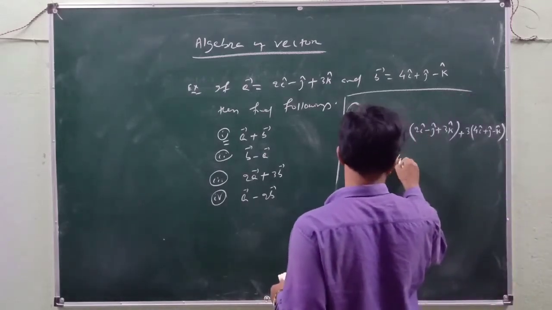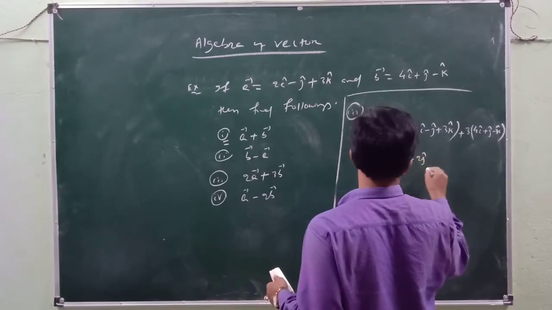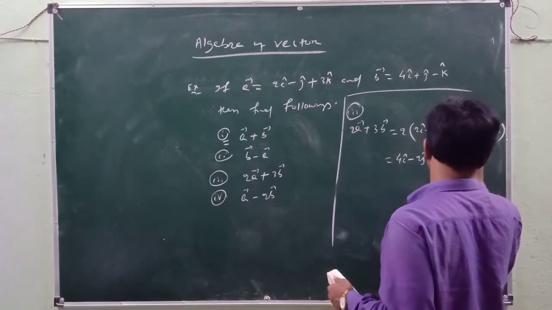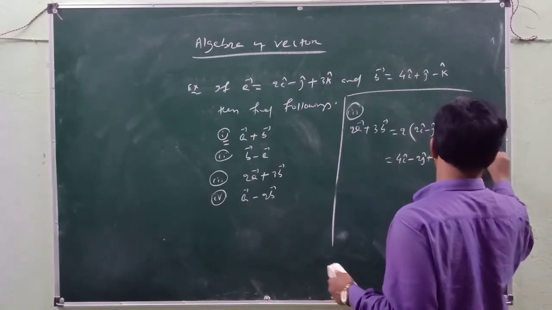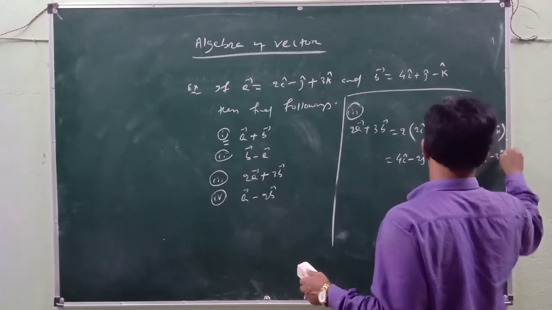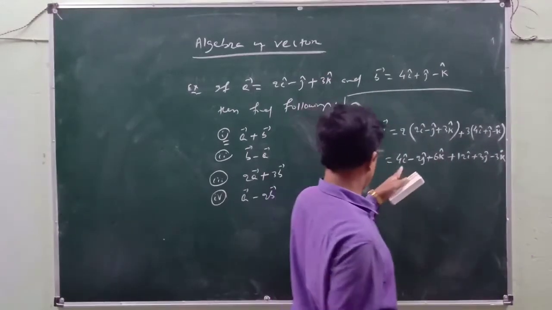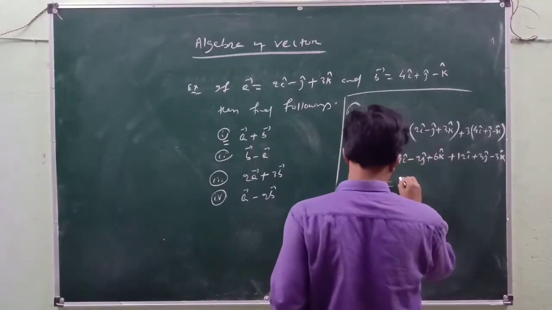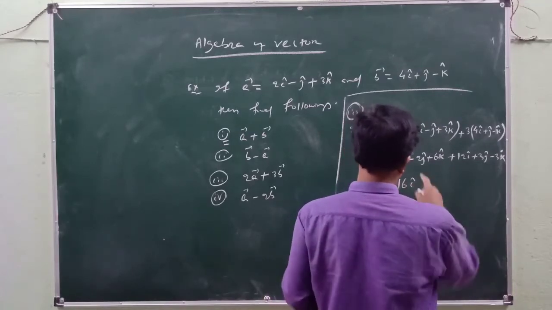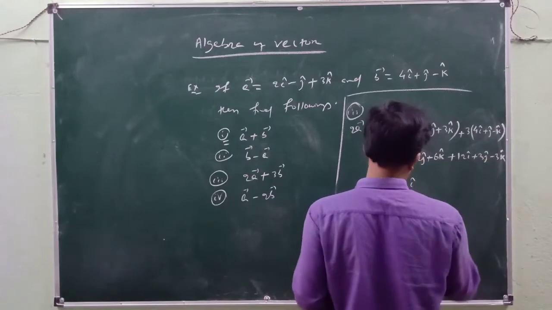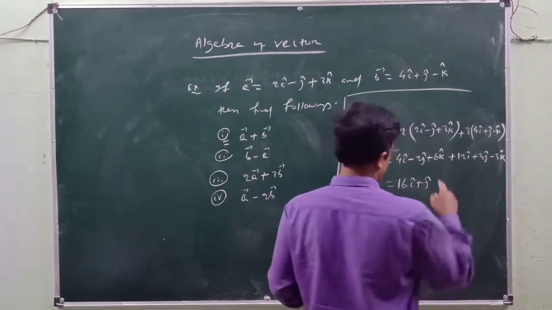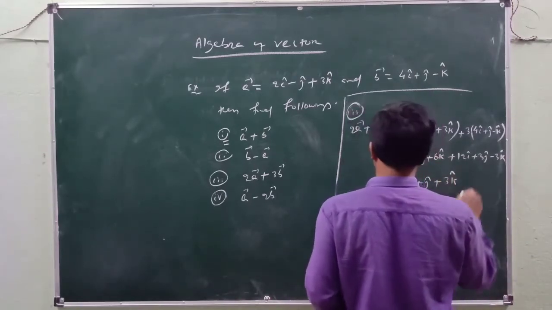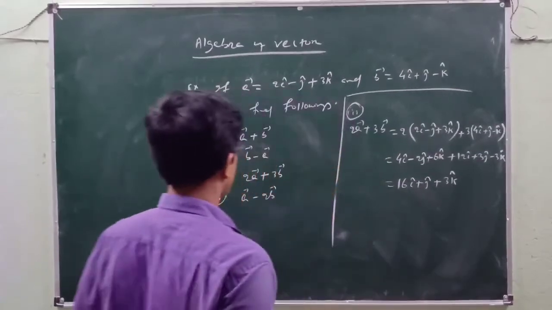So it will be 4i cap minus 2j cap plus 6k cap, plus here it will be 12i cap plus 3j cap minus 3k cap. Now you add or simplify: 4i cap plus 12i cap, it will be 16i cap, then minus 2j cap plus 3j cap, it will be plus j cap, then 6k cap minus 3k cap, it will be 3k cap, which will be the required answer of third.